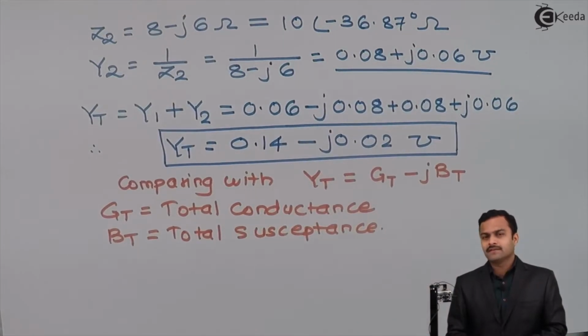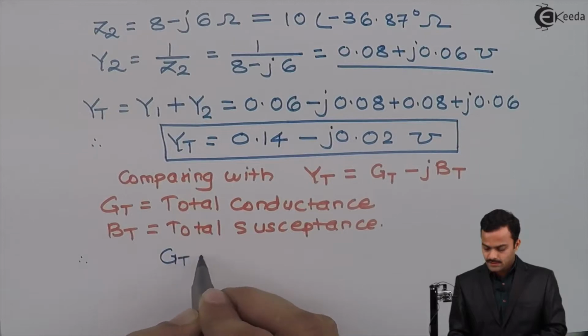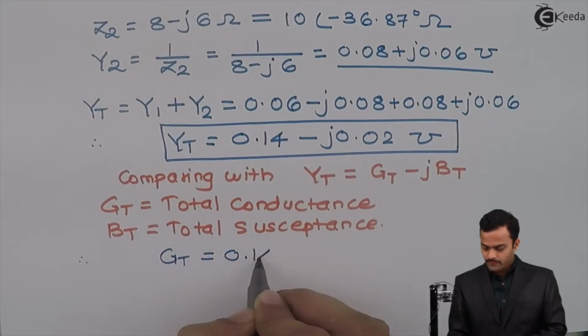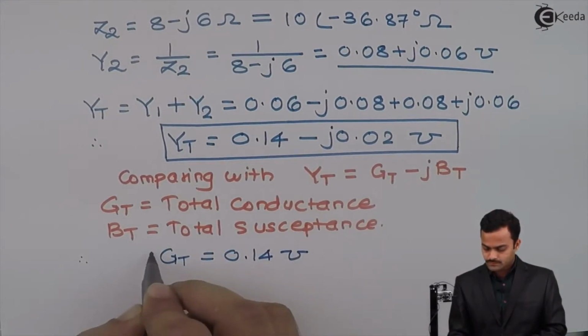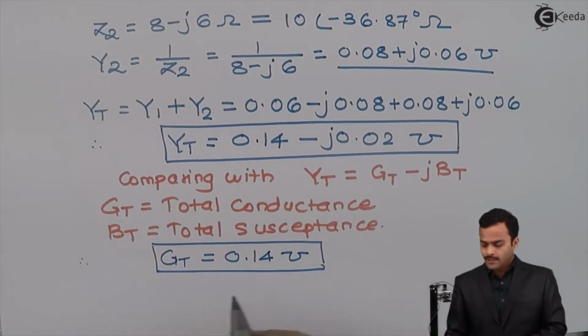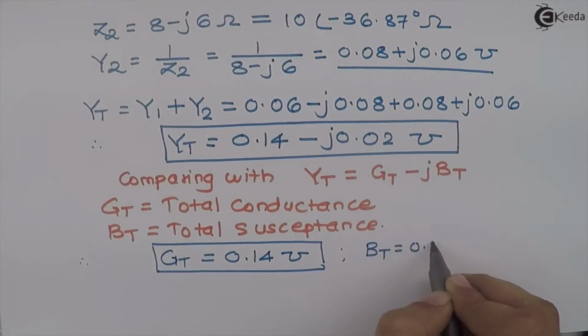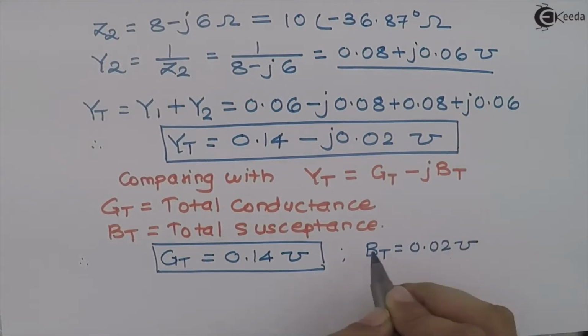So after comparing, I am getting total conductance Gt equal to 0.14 mho, and total susceptance Bt equal to 0.02 mho.